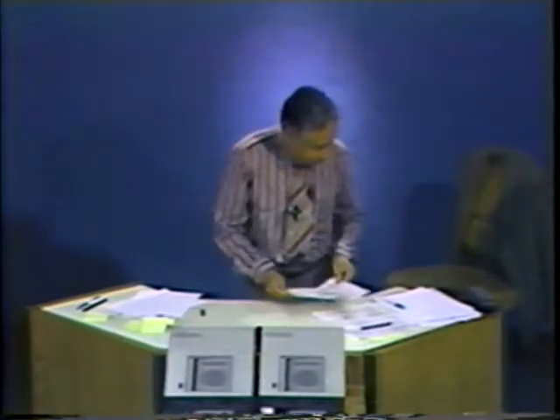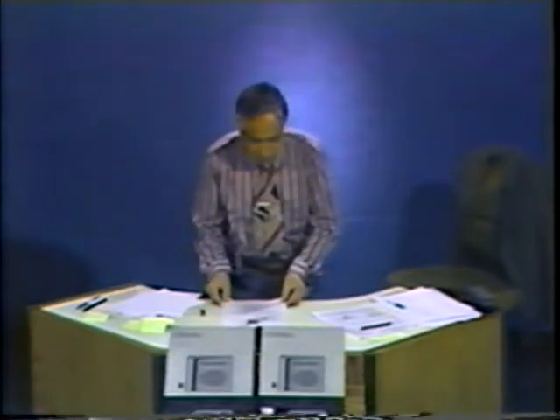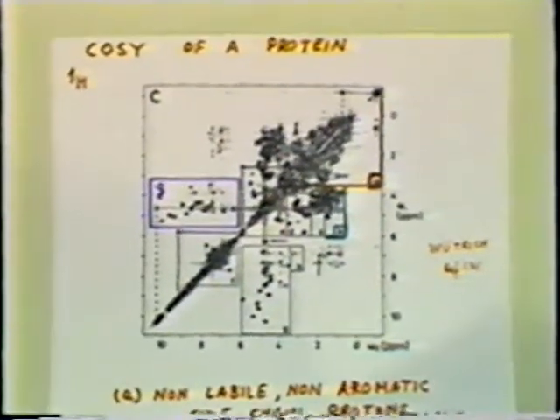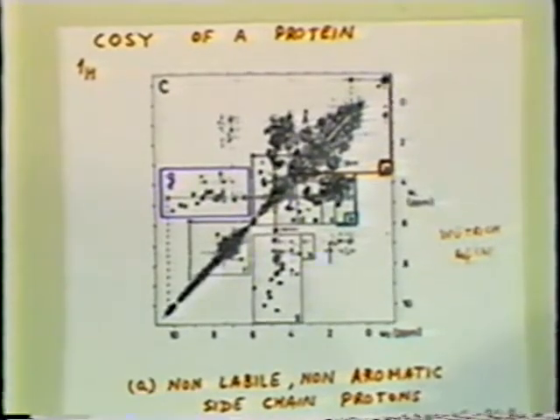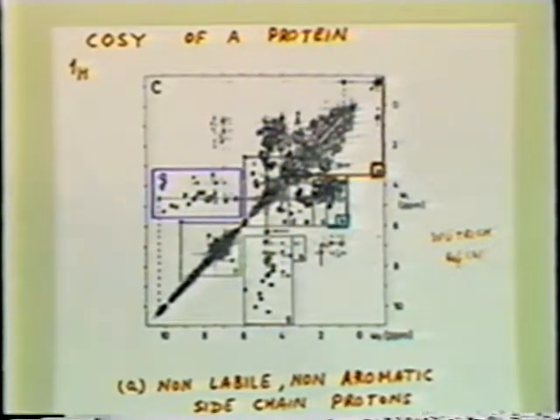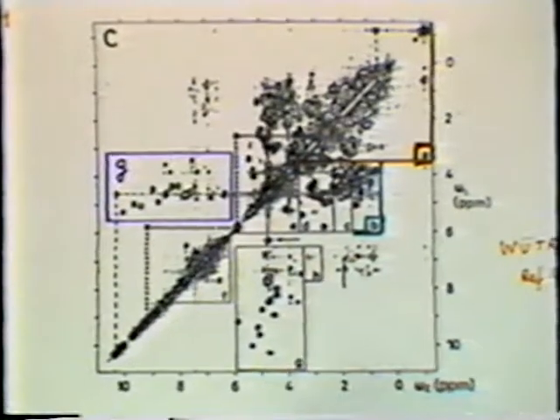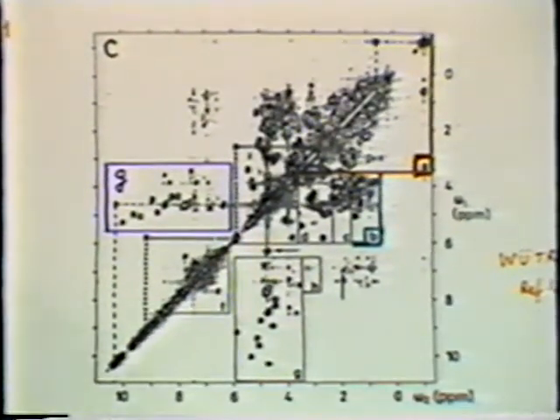Well, the situation gets complicated when you come to larger molecules, and this is a COSY of a protein. It doesn't matter which it is, but it has very well identified regions where one can look for cross peaks, for example.